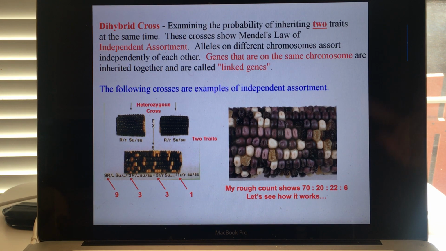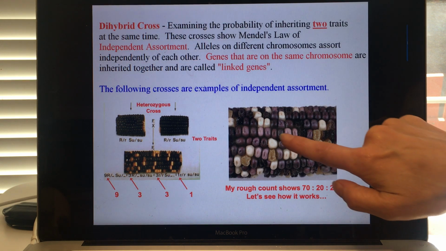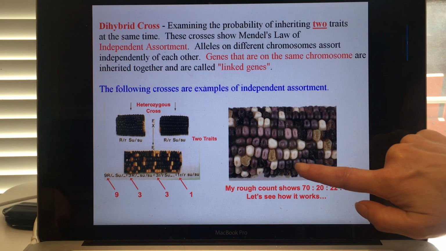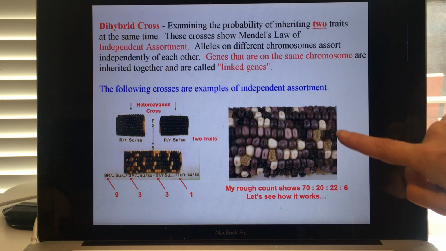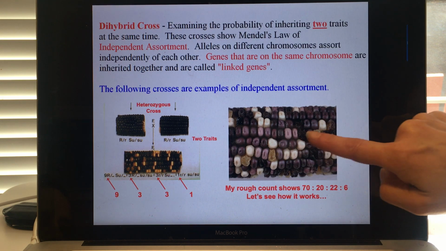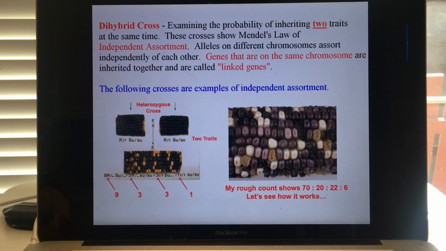So it's kind of like a baby individual corn plant. It hasn't obviously been planted yet and hasn't grown yet, but you can see that there are a lot of purple and smooth, and that there are fewer that are wrinkled or yellow. So it turns out that the color that is dominant is purple. Purple is dominant to yellow, and smooth is dominant to wrinkled.